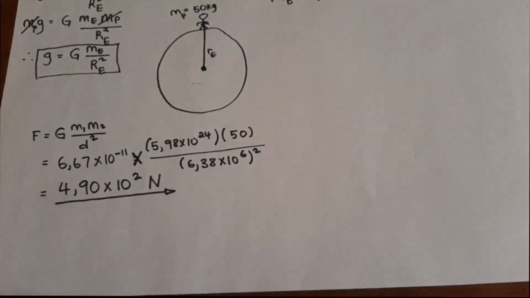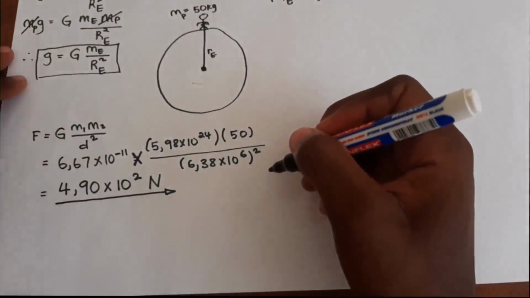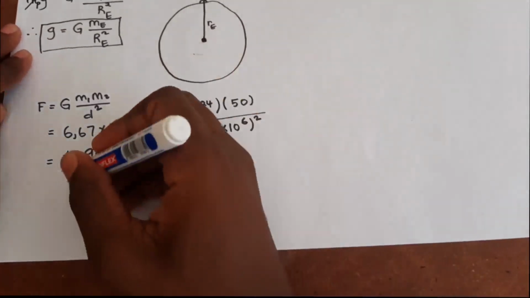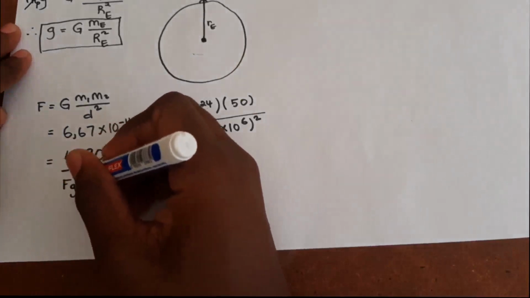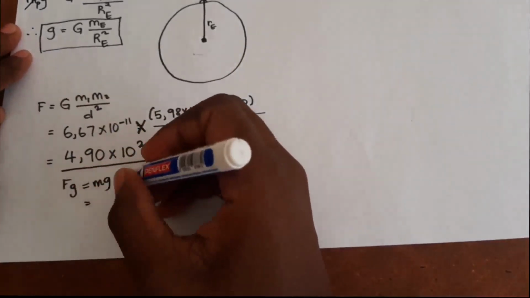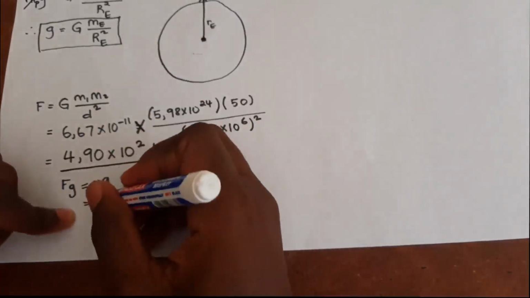Okay, so this will be the same thing as I told you. FG, this FG is equal to mg, so it is the very same thing because it's in contact with the earth's surface.